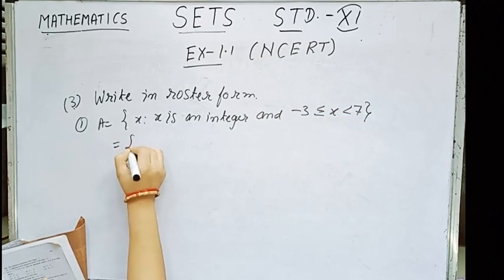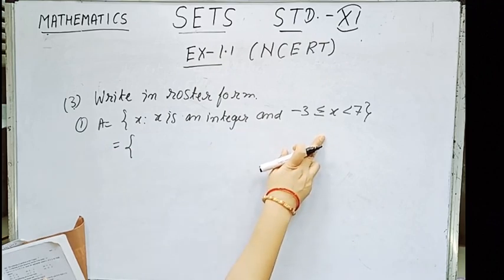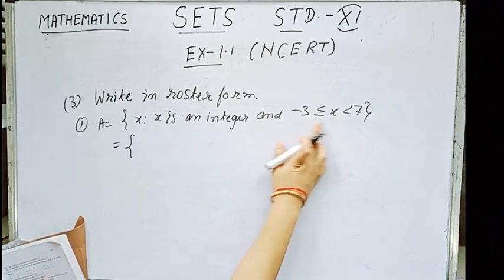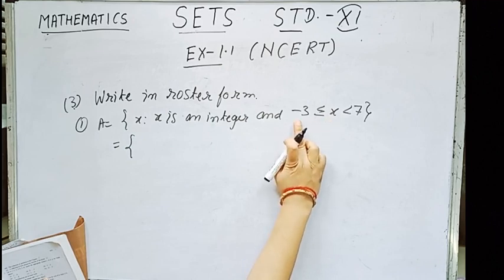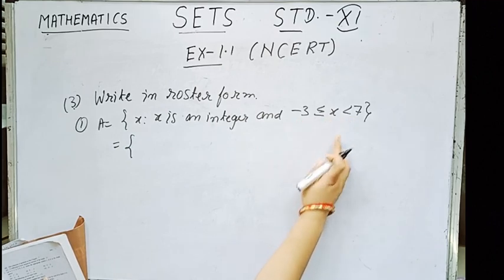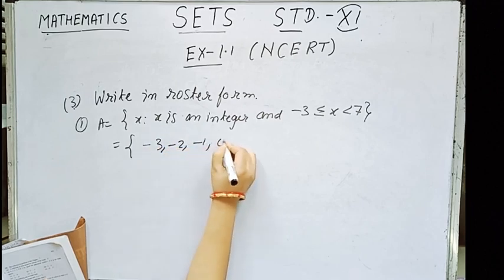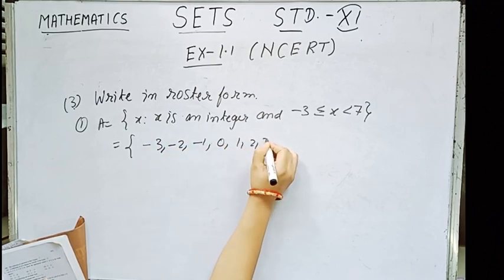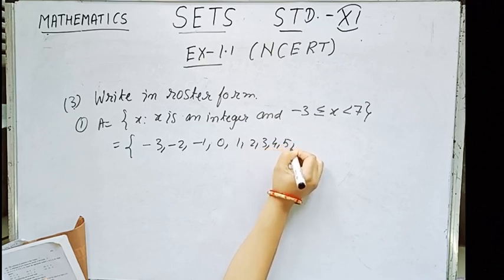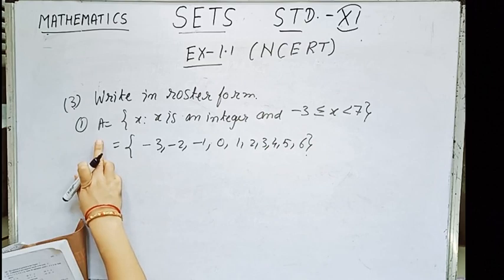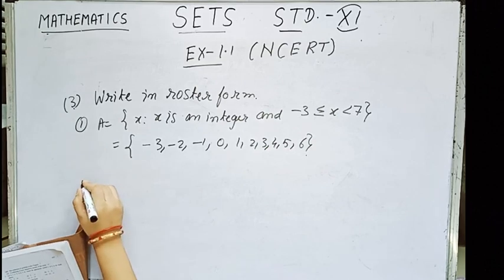So obviously this is written in the set builder form. In the roster form we will be writing the numerals. So X is a number from minus 3, but it is less than 7. So we will be writing minus 3, minus 2, minus 1, 0, 1, 2, 3, 4, 5 and 6. So this is the answer of the set A in roster form.